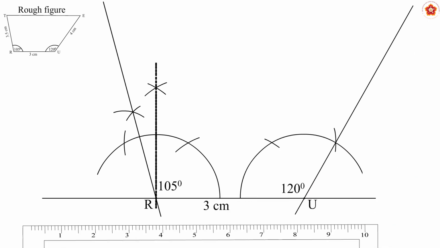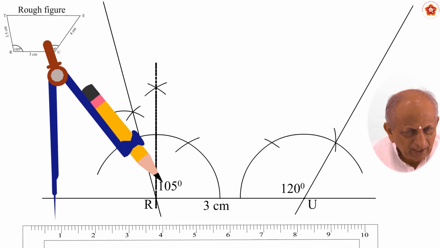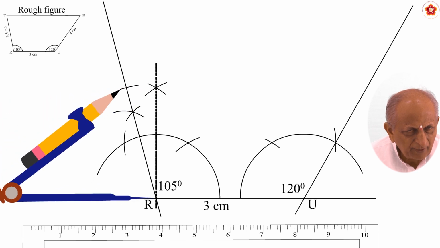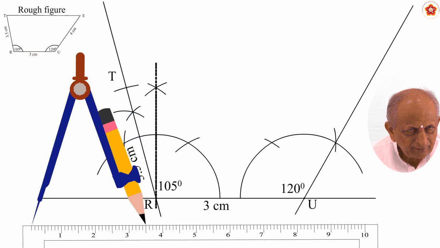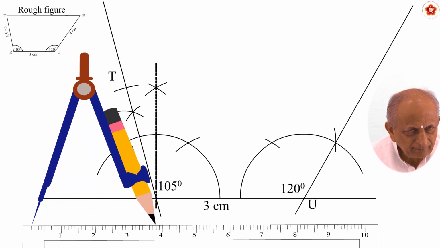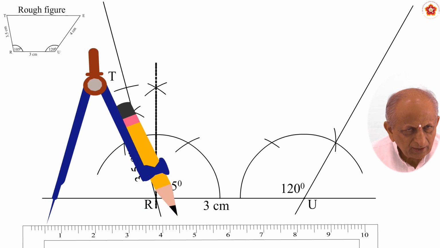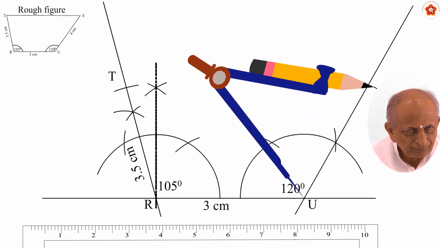Now you are given 2 more measurements. With R as center, draw an arc of length 3.5 centimeters. You name it as T. Similarly, with U as center, draw an arc of 4 centimeters.